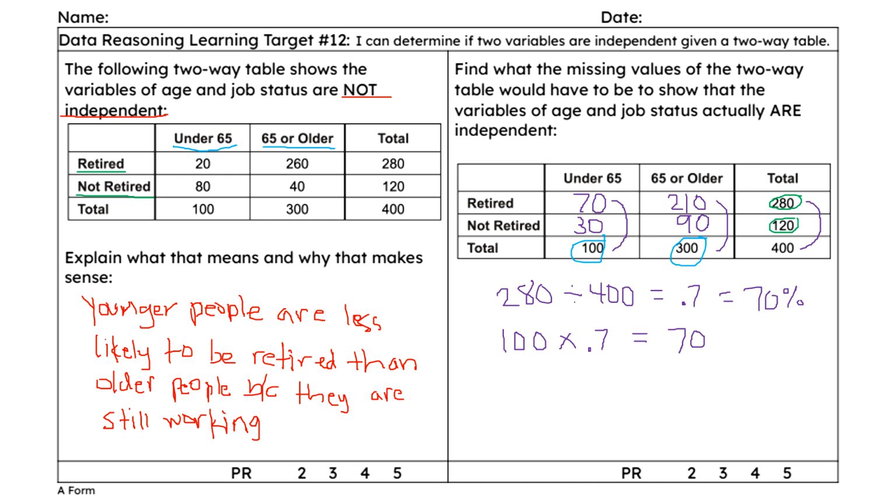You could also find the exact same numbers by finding the totals along the bottom as well. So for example, 100 out of 400 people say that they're under 65. So this also has to reflect 100 out of 400. This one also has to reflect 100 out of 400.